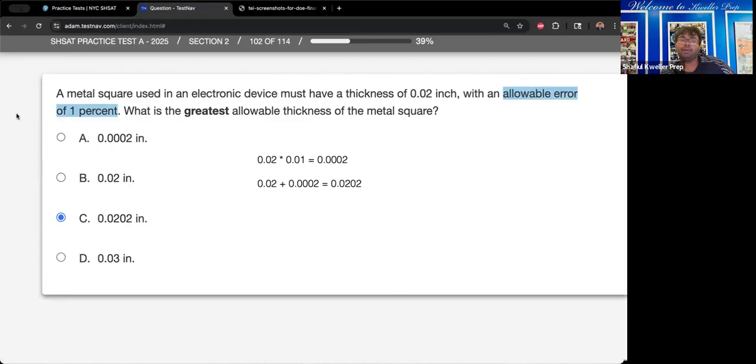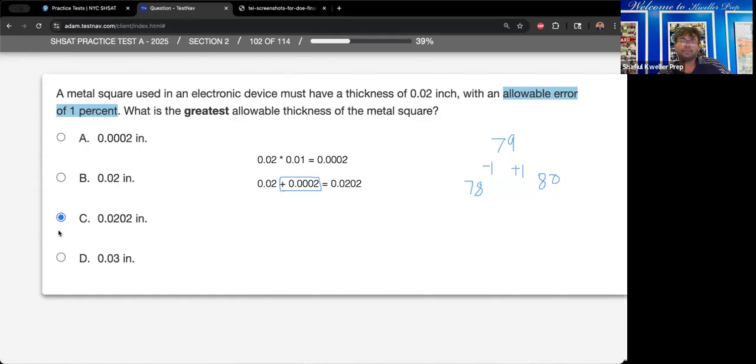Because greatest allowable error. So it's like if let's say I got a 79 on my test and I had an error of like one score. So either I got an 80 or I got a 78. That's how error works. So here in this case, either you add the 1% of error or you subtract. The question is asking you what is the greatest allowable thickness? Okay, so the answer is C.